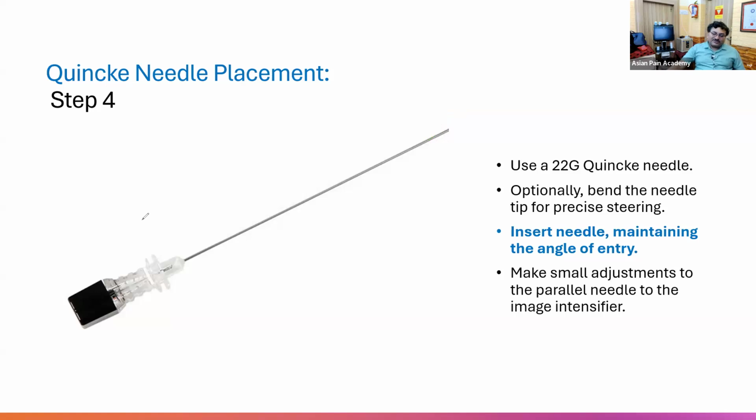But most pain physicians do it because in the deep area, sometimes it is very difficult only by changing the direction at the top. It may not be possible to reach the correct area. For that, we require this slight bend at the tip through which we can do small adjustments and go into the target area. And especially while going, we try to make it parallel with the image intensifier. So we have to understand this tunnel view concept as well.